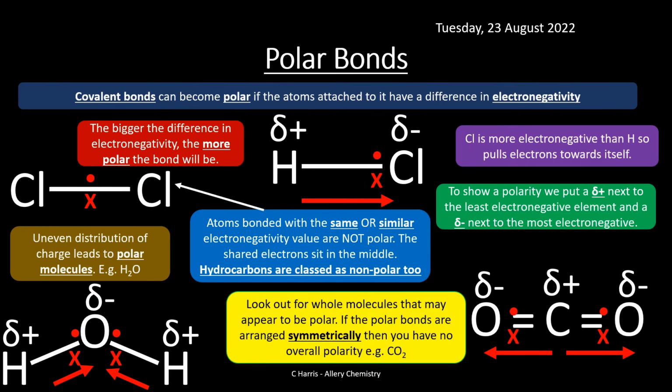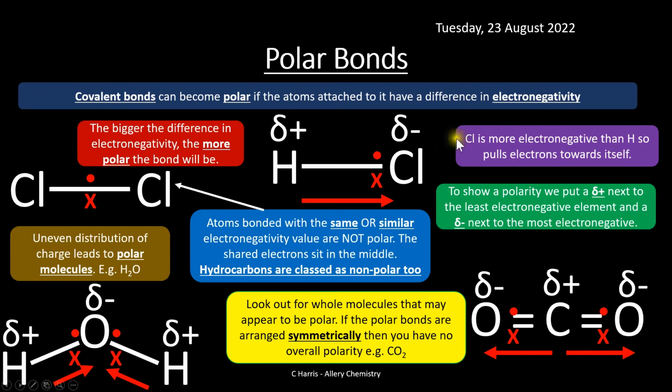You've got other ones as well. You've got to be a little bit careful with these. You've got carbon dioxide. On the face of it, it might look polar because you've got an oxygen and a carbon, and there is an electronegativity difference between the two. However, what you have here is symmetry. So you've got one end pulling electrons to one end, and the other one's pulling equally, but in the opposite direction, on the opposite side.